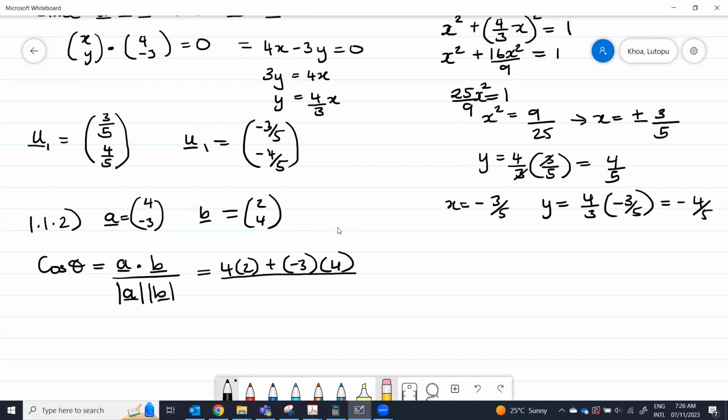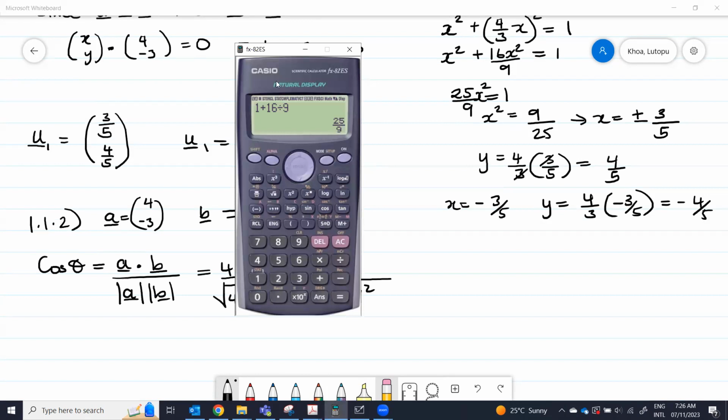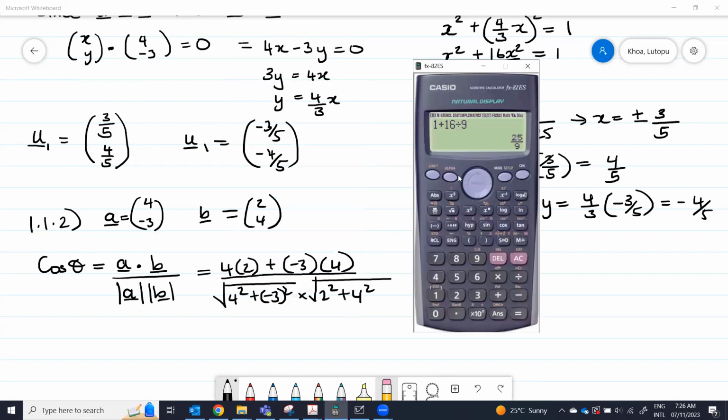And this is all divided by the square root of 4 squared plus -3 squared, multiplied by the square root of 2 squared plus 4 squared. So this you just type in on your calculator exactly the way I have it.